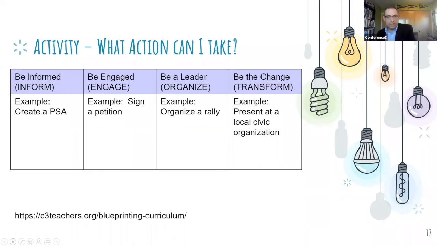How do we organize? What can we do? Do we do some kind of organizational movement? And how do we look at transformation? How is our work being transformational? And that's what deep learning is.